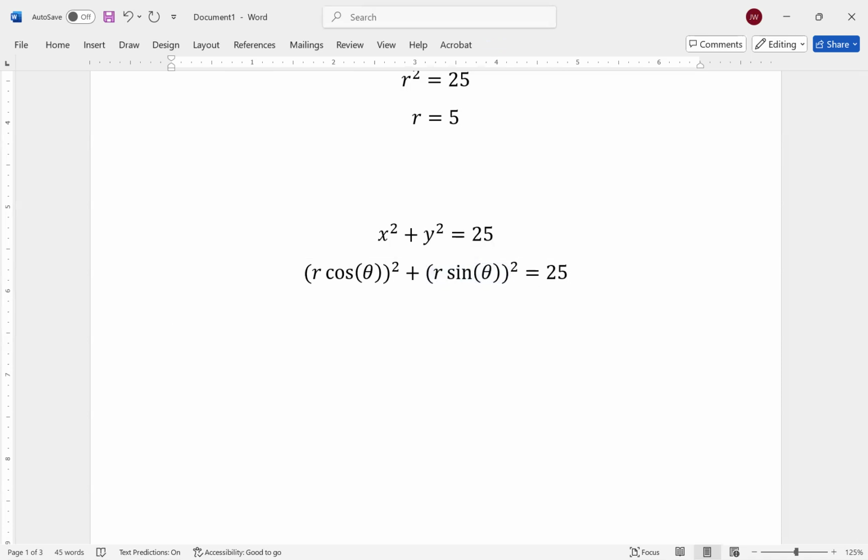When we do the squaring, we'll get r squared times cosine squared of theta, obviously, plus r squared times sine squared of theta equaling 25. And then I could have factored out an r squared, which gives me r squared multiplied times cosine squared plus sine squared of theta. We know that cosine squared plus sine squared of the same angles give me 1. So that's just r squared times 1 is equal to 25.